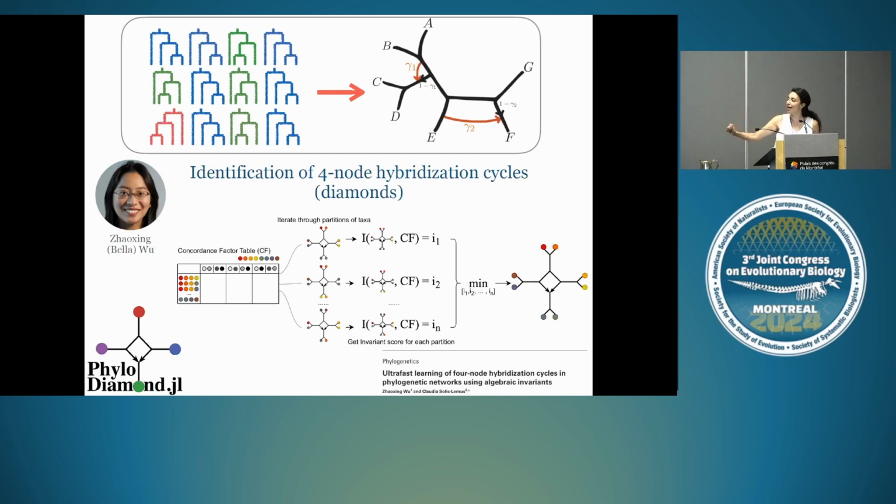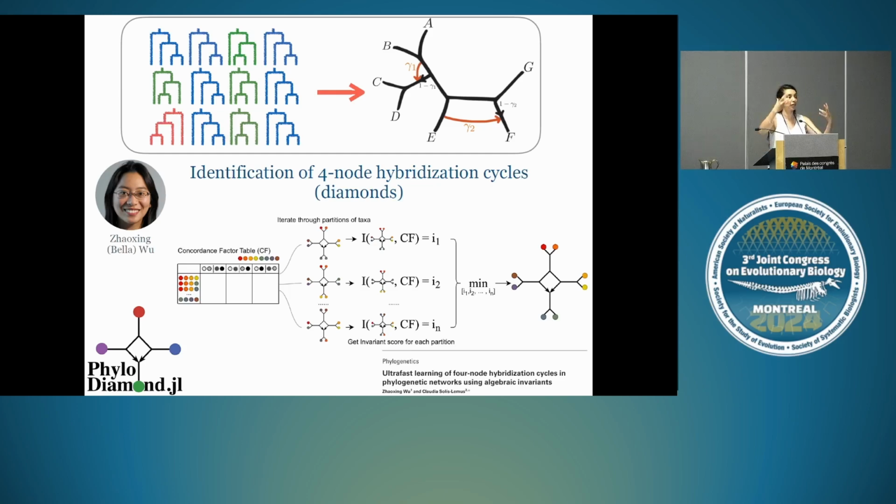So Bella developed a tool to infer or detect these hybridization cycles in the data without having to optimize in network space. Other criteria like likelihood approaches, like I said, you search the space of networks until you find the optimum. Bella's work relies on polynomial equations called phylogenetic invariants.